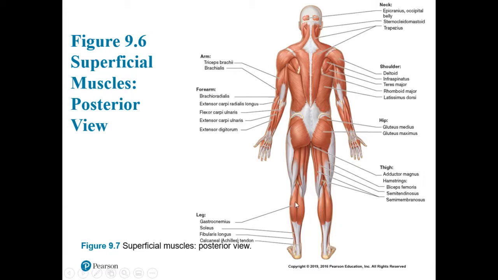So let's see. What the gastrocnemius is going to do, it's going to originate on the proximal end of the tibia and fibula, right by the knee, if you will, right behind the posterior end of the knee, and then it's going to insert on the calcaneus bone through the use of the calcaneal tendon or Achilles tendon, which is right there.